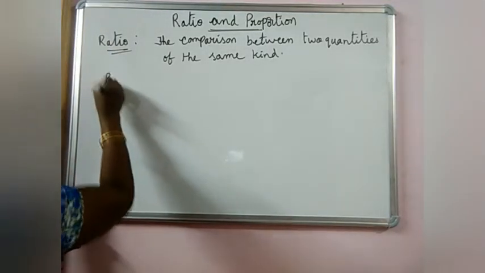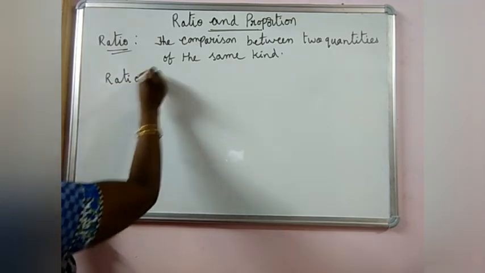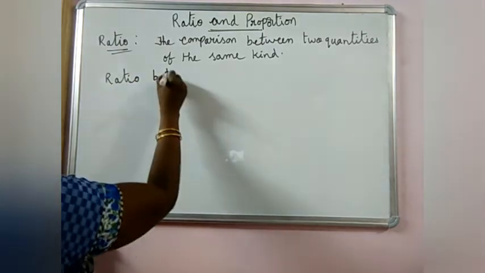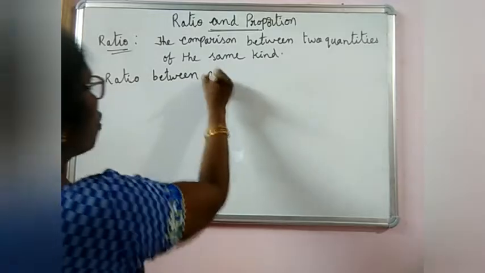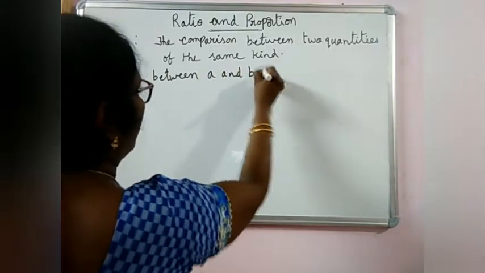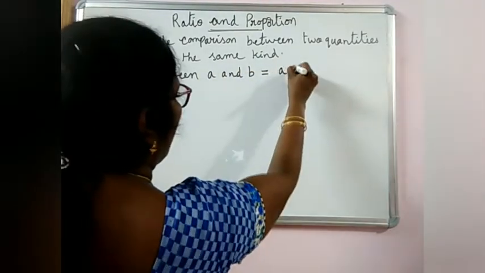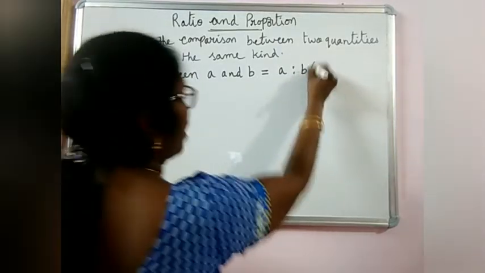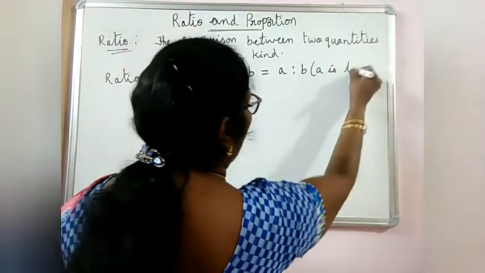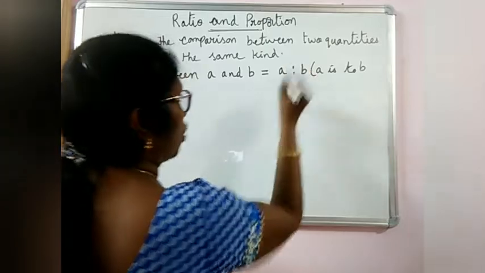It is the comparison between two quantities of the same kind that is known as ratio. So, the ratio between two quantities A and B is A is to B. We have to read this as A is to B, two dots.